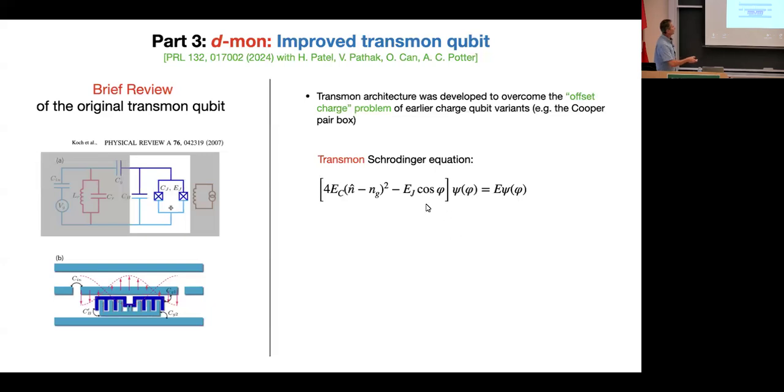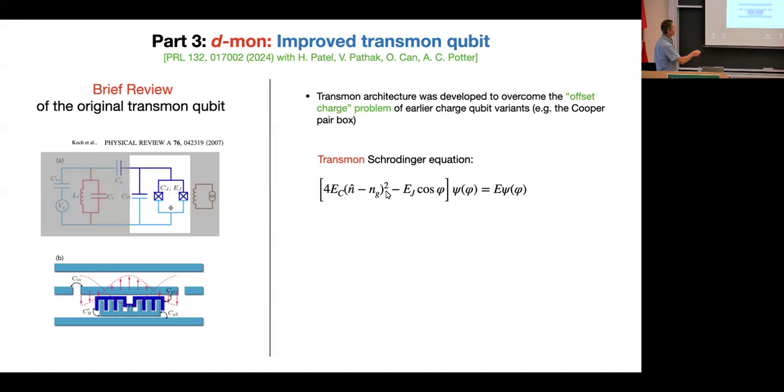The first term here is the charging energy, and M is an operator that represents the number of Cooper pairs on your Josephson junction. Phi is the Josephson phase, so you have the kinetic energy and the potential energy, and this acts on a wave function of the phase.